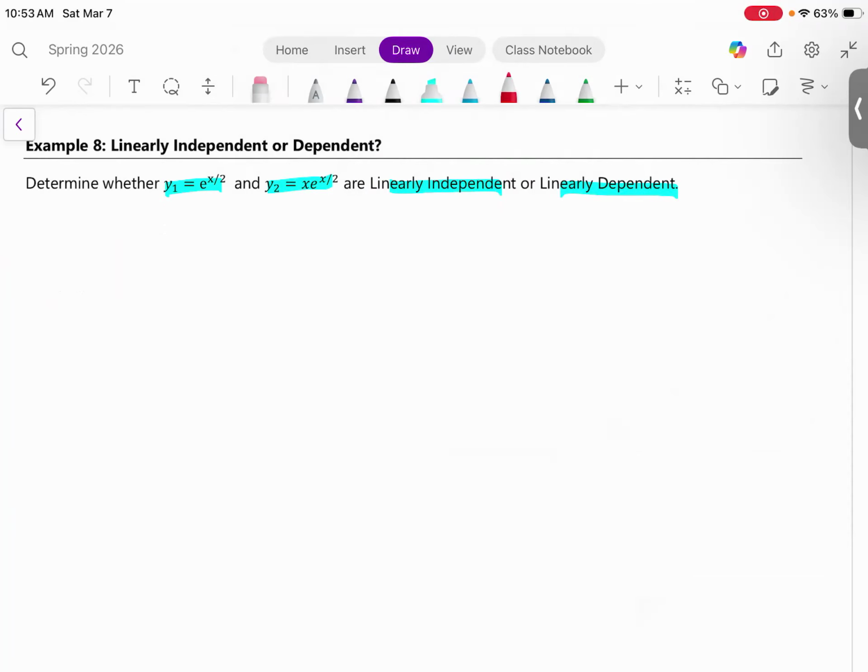This is our intuition. It doesn't completely say it, but what we want to do here is use a Wronskian. So what I want you to do is pause the video, use a Wronskian, try this problem out, and see if it's linearly independent or dependent.